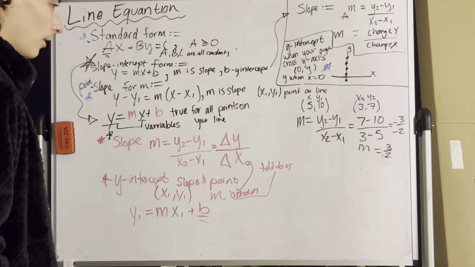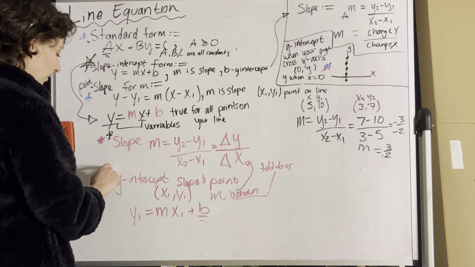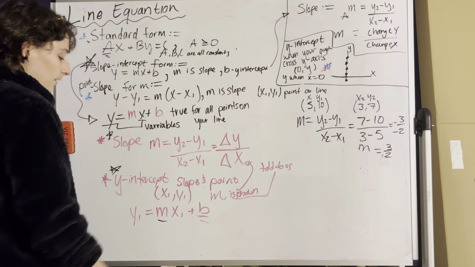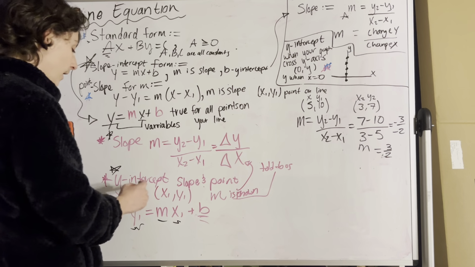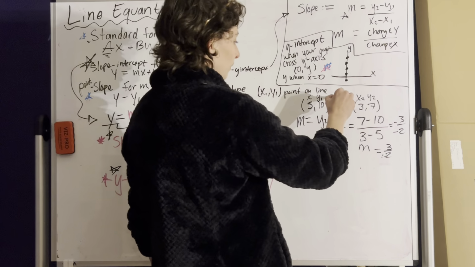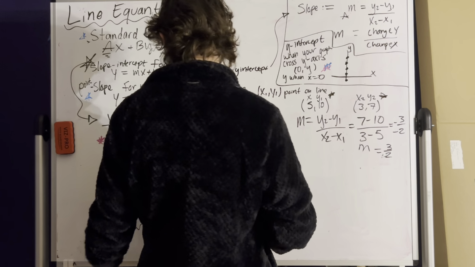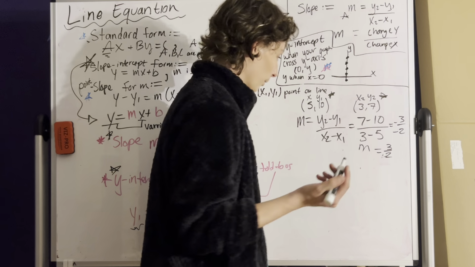And so now, once I have that, we can move on to this step. So I know what my m is, and then I have 2 different points I can use to fill in for x and y. So it doesn't really matter which one you do. And we can do both just to prove that we should get the same answer for b.